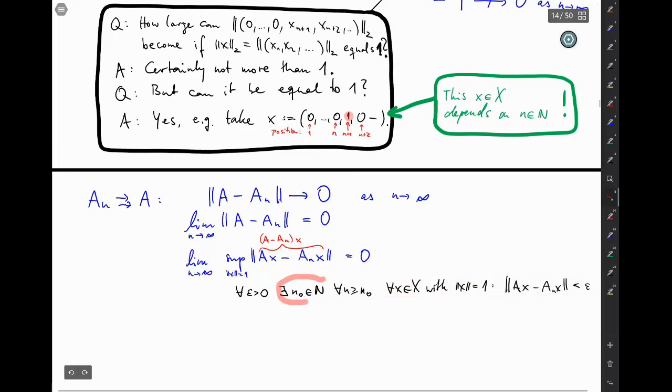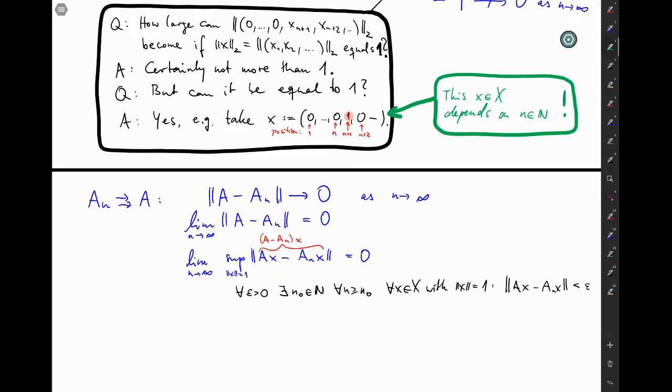So your n0 is telling you how large n has to be in order to make this expression smaller than epsilon for all x's. And in our example, such a universal n0 doesn't exist. It will always depend on the x for which you want to make this smaller.